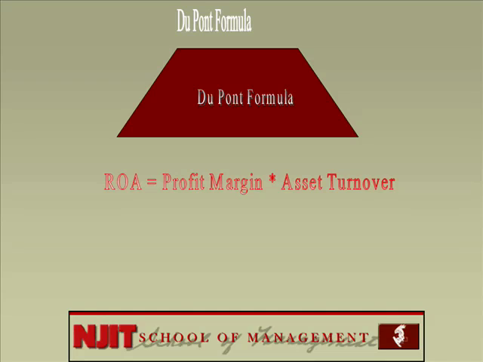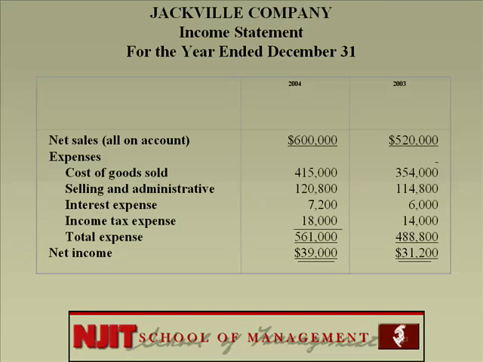Now, we're going to use the problem on the next slide to understand and compute most of the ratios. Here's the problem. I've given you the income statement for a hypothetical company called Jackville for years 2004 and 2003.